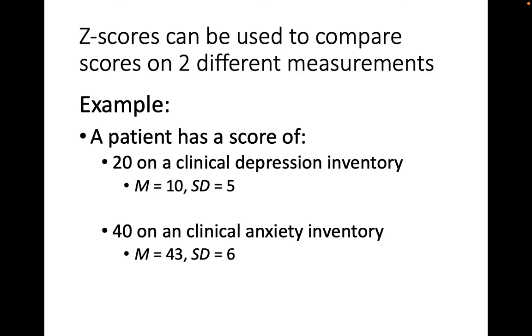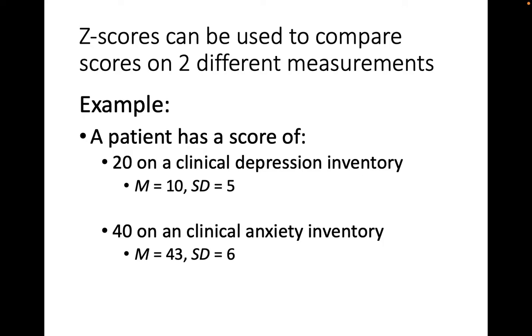Okay, so let's just say we know that the clinical depression inventory has a mean of 10 and a standard deviation of 5 from all patients that have taken this depression inventory. And the clinical anxiety inventory has a mean of 43 and a standard deviation of 6 based on all patients that have taken this inventory.